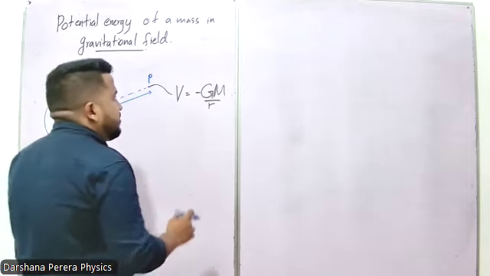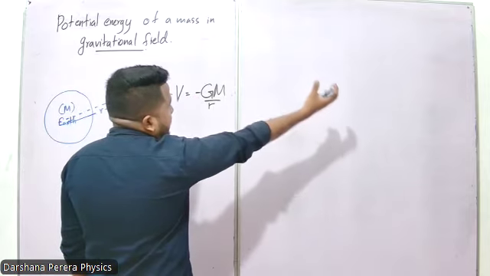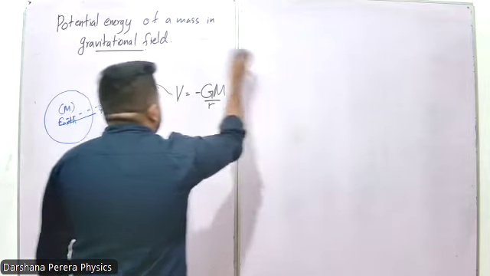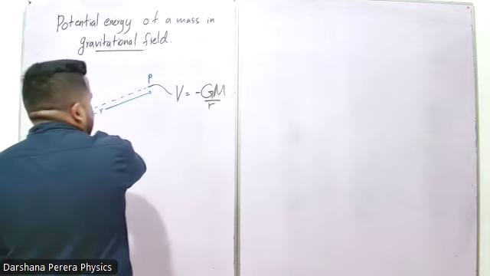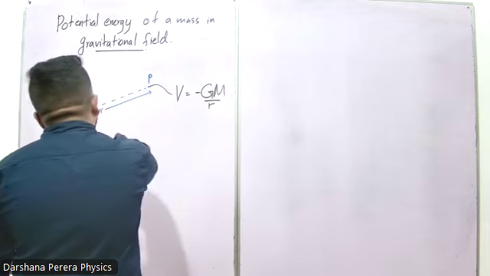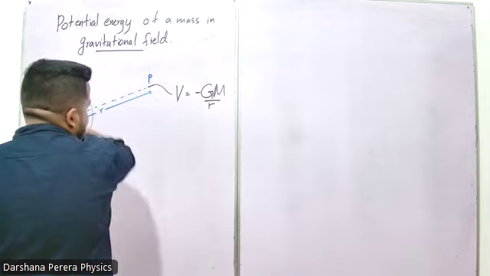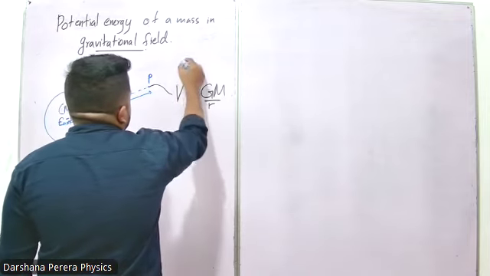Why is it minus? Because when we take a unit mass to this point, the earth attracts the unit mass.